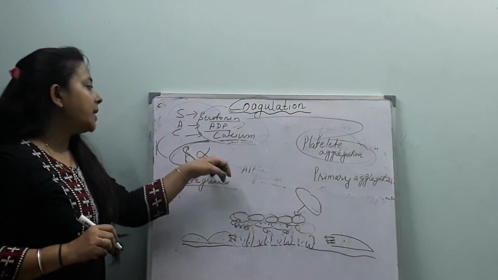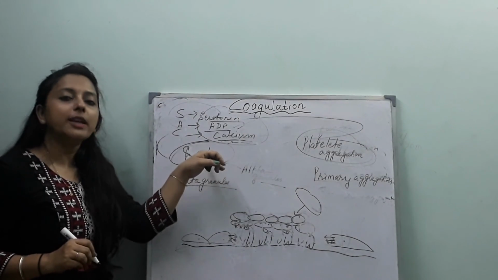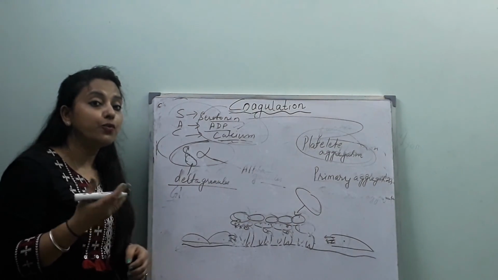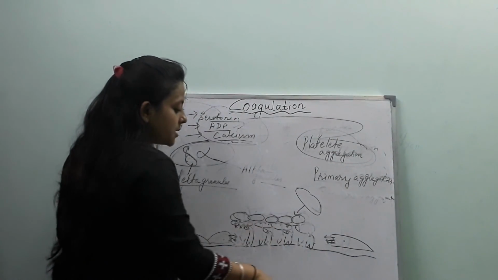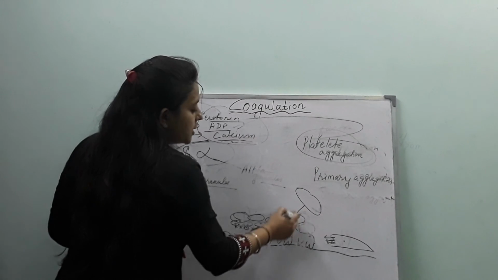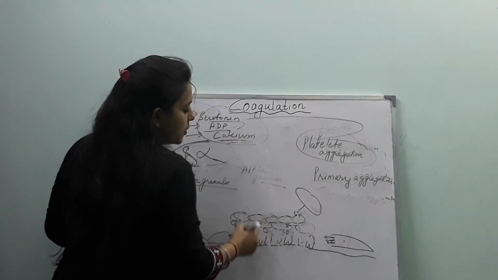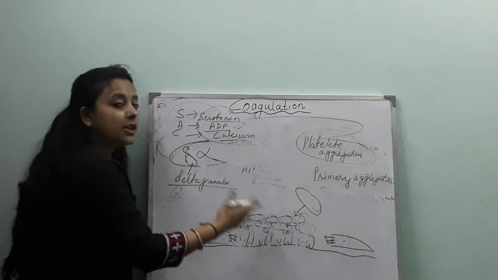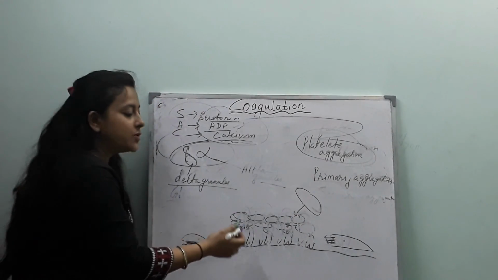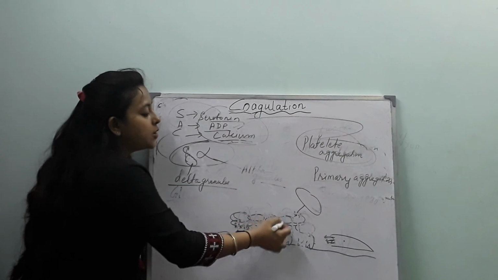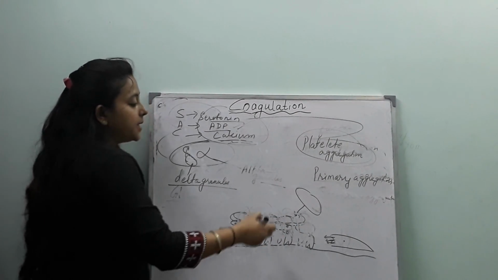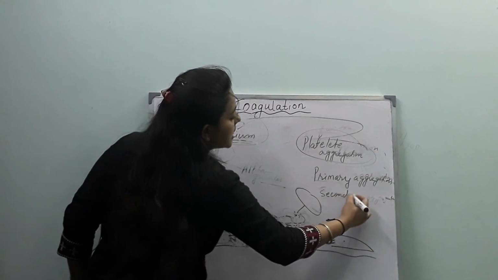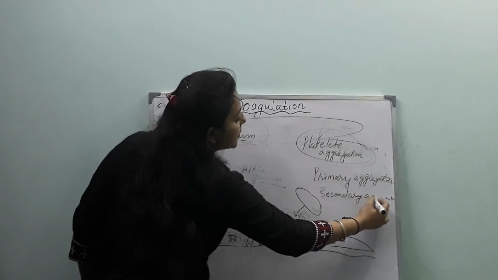We know that alpha granules have coagulating factors, and these coagulating factors convert fibrinogen into fibrin strands, and these strands come over the platelets and make this plug stronger. These fibrins settle over the platelets, and this type of aggregation is called secondary aggregation.